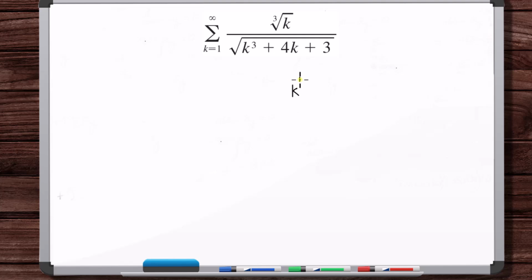We've got k to the 1/3 over k, the square root of k cubed, which is, okay, 1/3 minus 3/2 is, so, okay, we've got 1 over k to the 7/6. Okay, so, all right, let's bring that here.